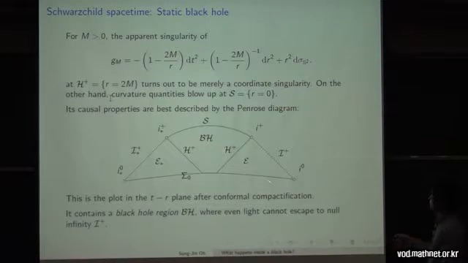But then note the following property: if you shoot light from any point inside this region, past this H plus, this r equals 2m region, it can never reach the null infinity, which is where we can receive signal from this system, right? Because in this picture light travels at 45 degrees from the vertical axis, right? This is precisely the definition of a black hole region. So a black hole region, by definition, is the part of the space-time where light cannot be emitted to null infinity.